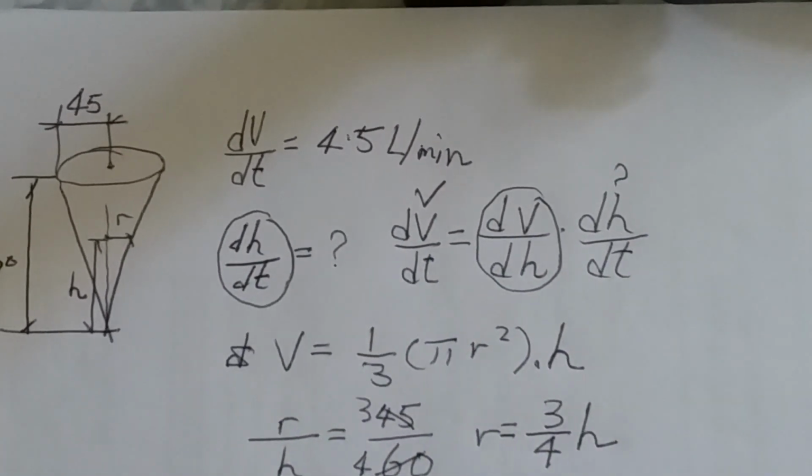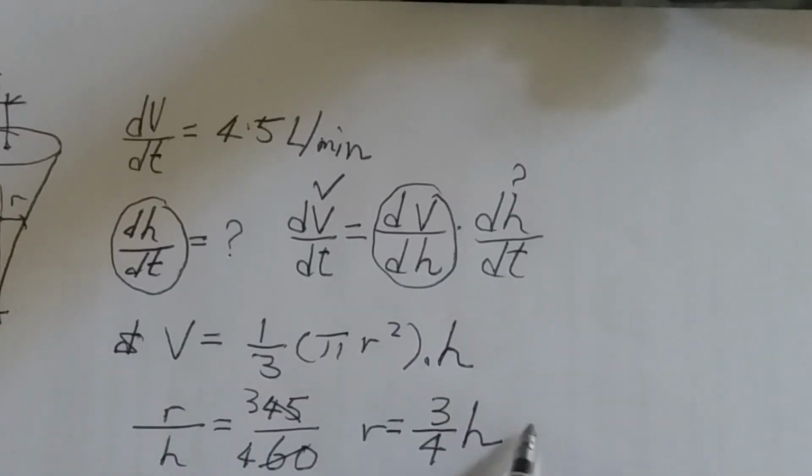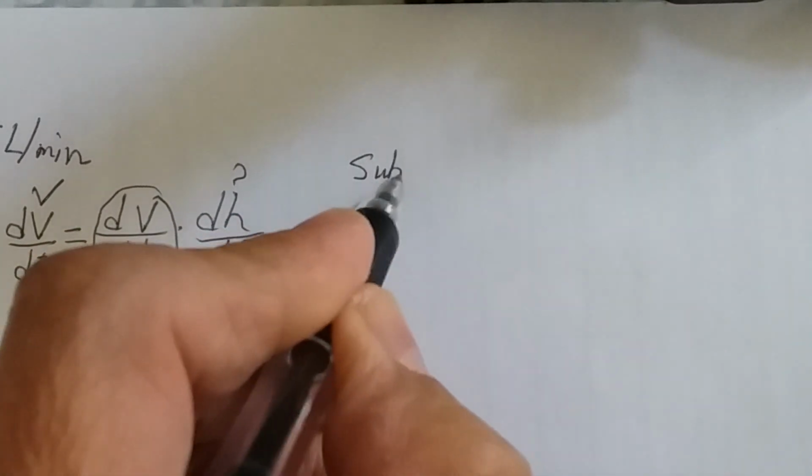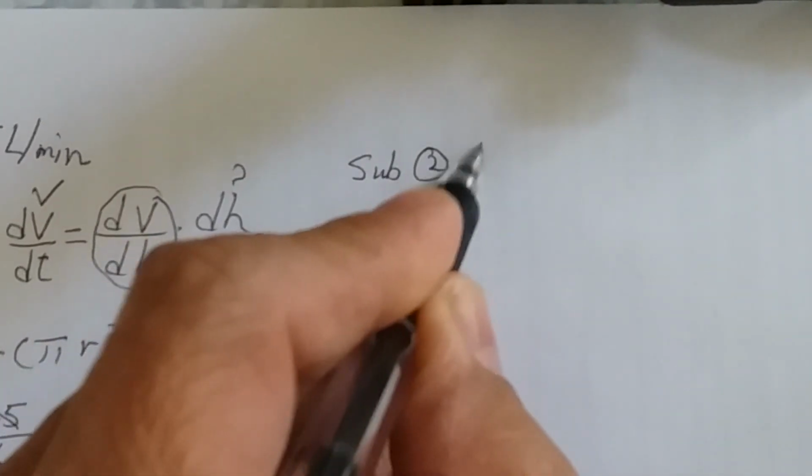Okay, so r can be written in form of h. So let's say this is equation 2, this is equation 1. Now we substitute equation 2 into 1.